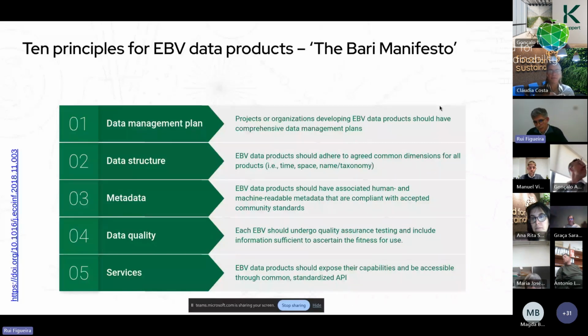We should have complete description of the data through metadata that enables anyone to understand what the data is, how it can be used, what is the fit for use for specific purposes. We should apply principles of data quality. Of course, we should make data available through services that enable access to data in the easiest way possible, in standardized application programming interfaces.